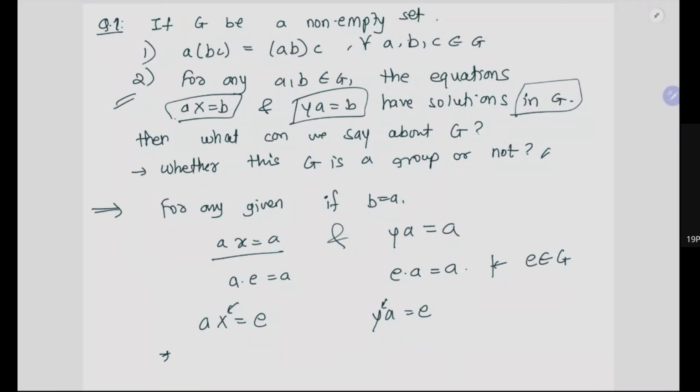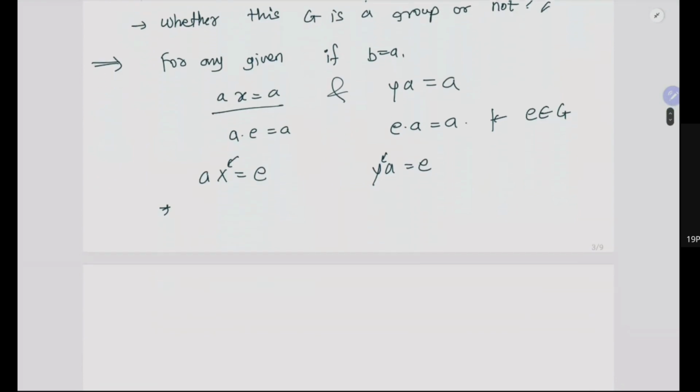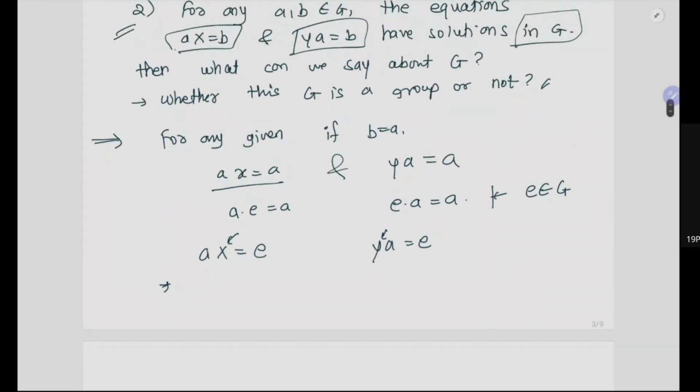Yes, but in the group we need uniqueness of identity. So uniqueness we can prove using associativity. Suppose there exists some other E dash, then E dash dot E is equal to E. The basic proof which we use in the normal group definition to prove the uniqueness of identity, the same will follow here.